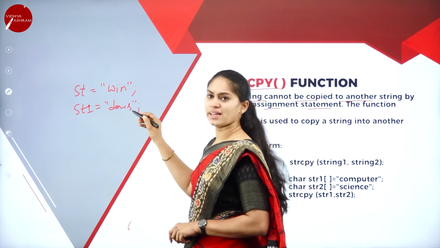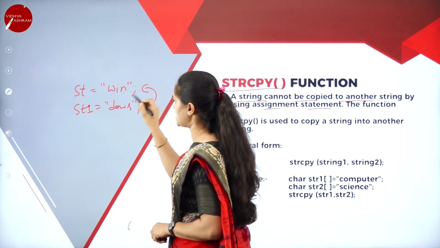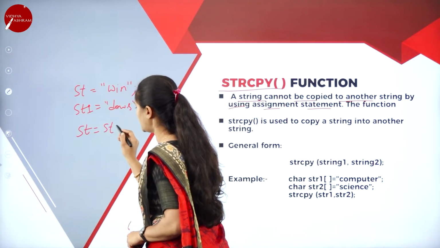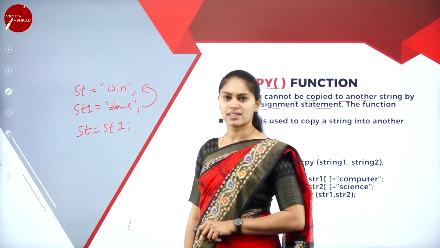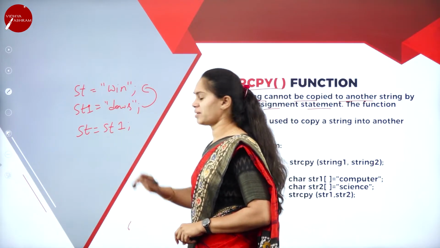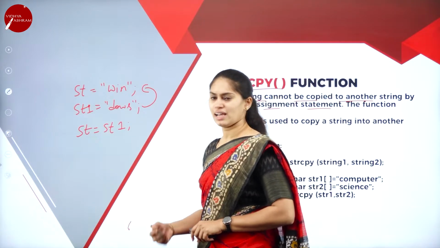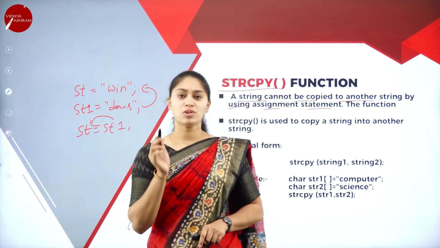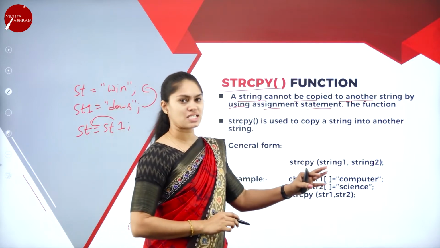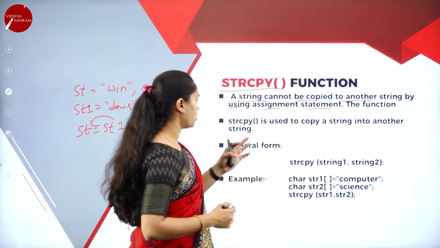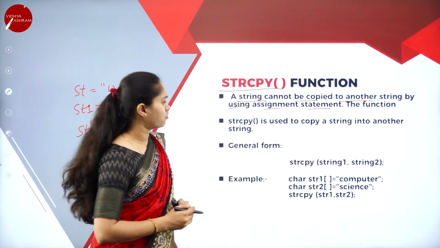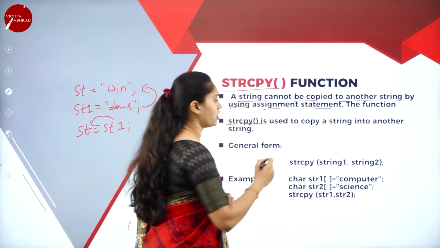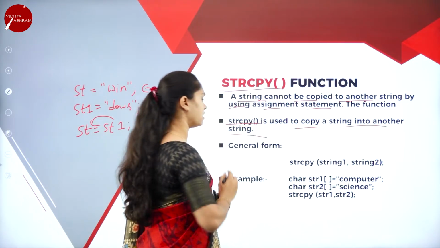Now I want to copy the content of st1 to st, but I can't do it like st equal to st1. We can't do it like this. By making use of the assignment operator, I simply can't copy the content of st1 to st. So in order to copy content from one string to another, we use the strcpy function. The function strcpy is used to copy a string into another string.